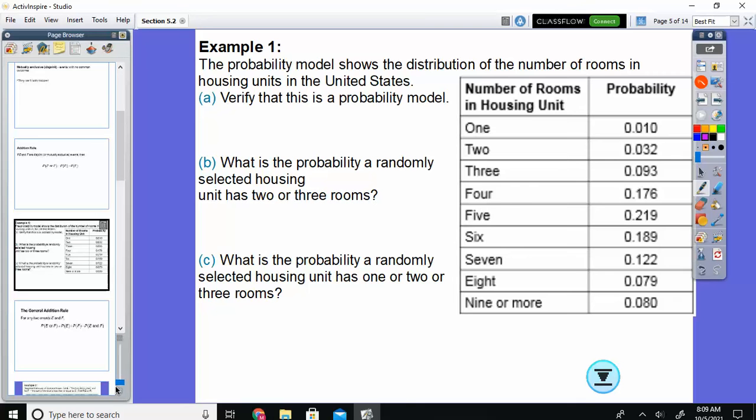What do you have to look for if it's a probability model from yesterday? Every single probability is between 0 and 1, which they are. And we have to make sure it adds to 1. So add those up real quick. Does it add to 1?